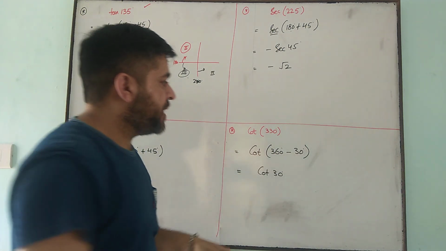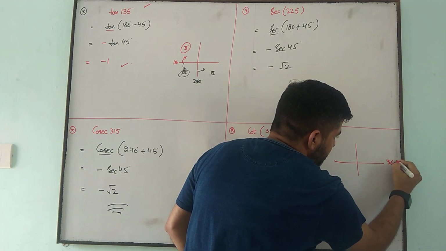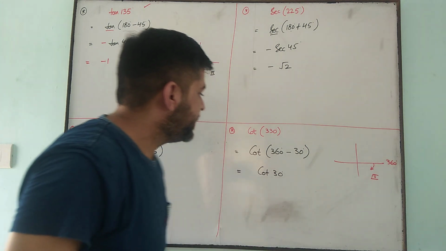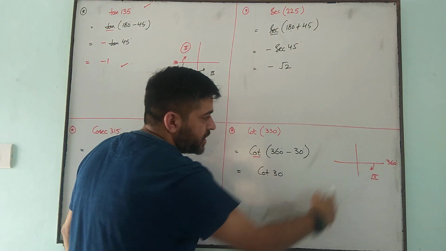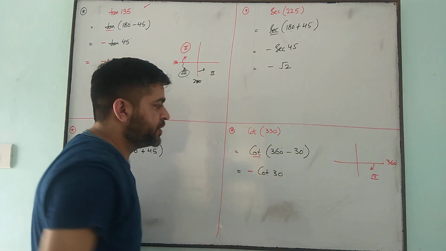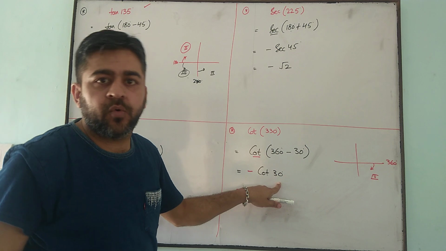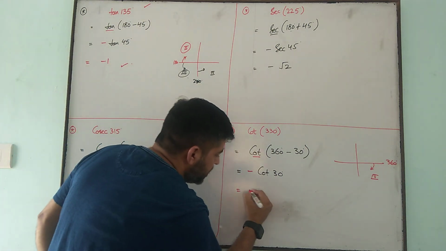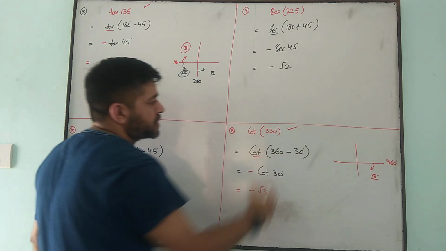Now 360 minus 30, this is the negative direction of angle, so it lies in the fourth quadrant, and in the fourth quadrant cotangent is negative, in the third quadrant it is positive, so put a negative sign. And tan 30 we know is 1 by root 3, so cot 30 is root 3, so we got the result minus root 3 for cot 330.